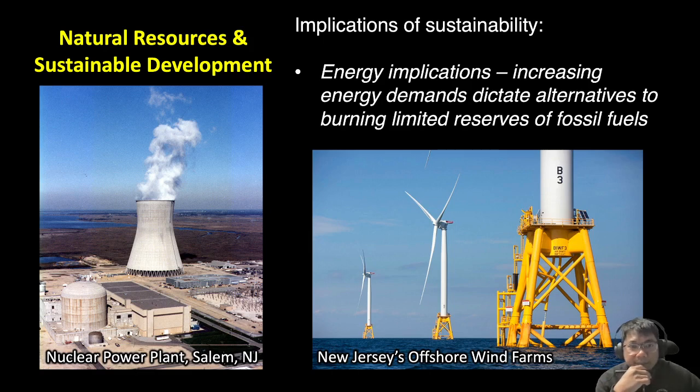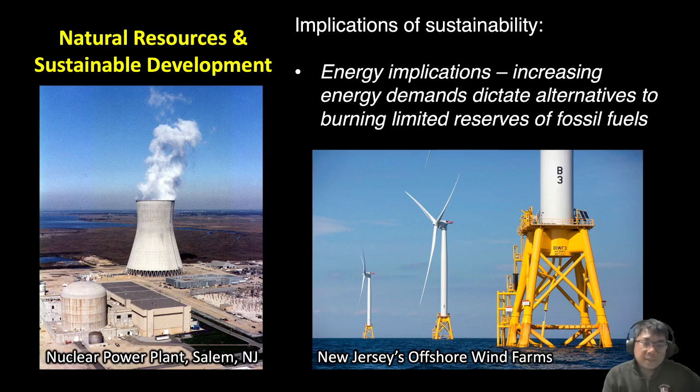Now, the implications of sustainability: right now we definitely need to support ourselves, we need that energy. But how can we use this energy without giving more burden to the next generations? That is a big issue.